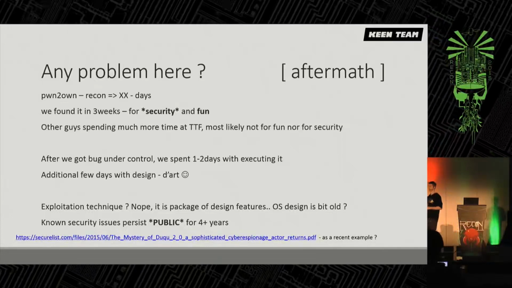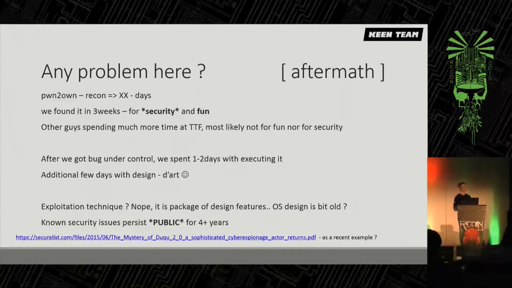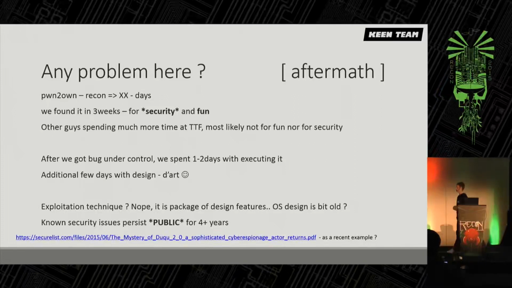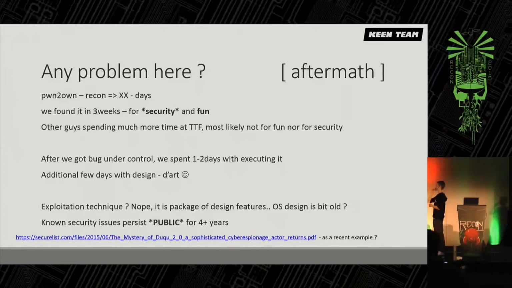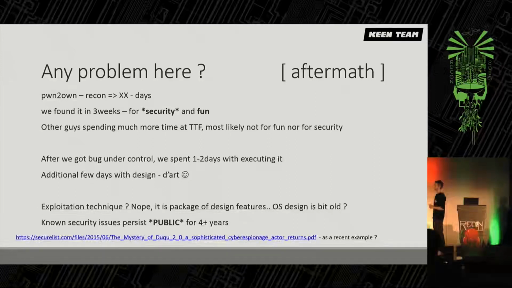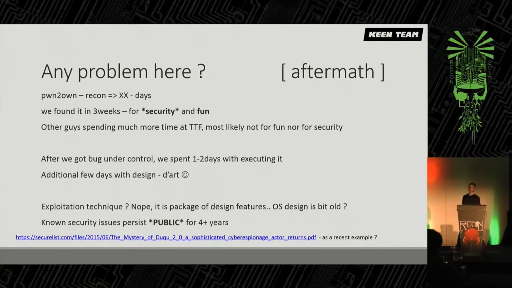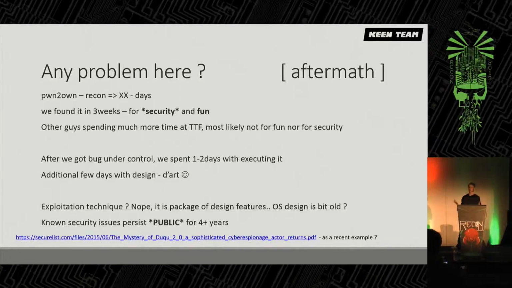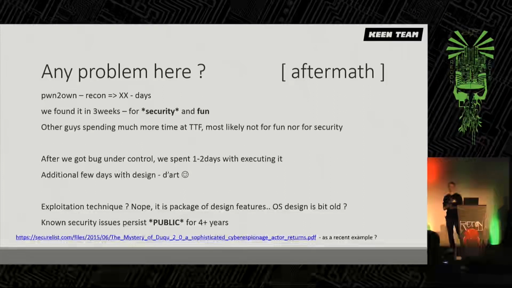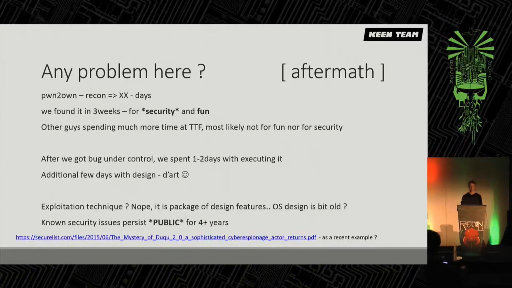But other people are doing much more research about TTF than us, did this research before us, and probably do it now. As you can see, for us it took about 2 months to find those bugs, and now it's more than 3 months. It's not fixed, so it's really possible that these people also have this bug. I don't know, maybe not this one, but they have some other bugs. And I think this kind of bug should be fixed as soon as possible.